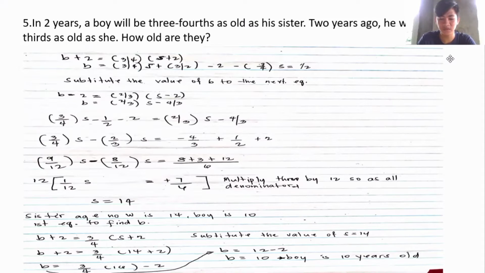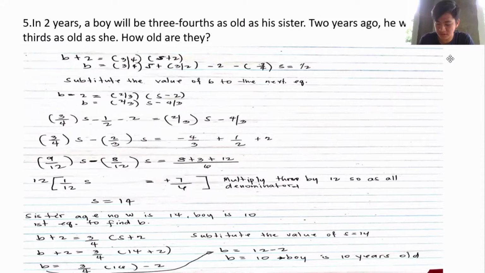B equals 2/3 S minus 4/3 plus 2. 3/4 S minus 1/2 minus 2 equals 2/3 S minus 4/3. 3/4 S minus 2/3 S equals negative 4/3 plus 1/2 plus 2. 1/12 S equals 7/6.